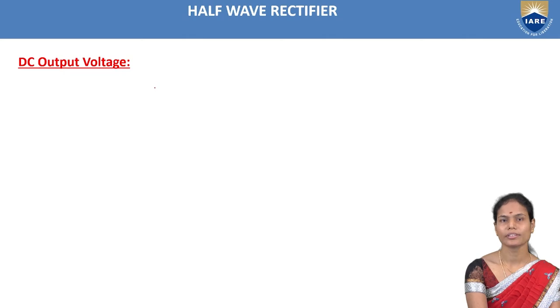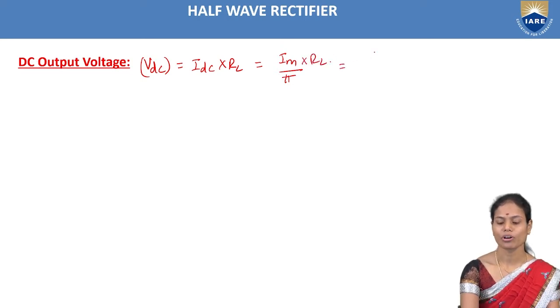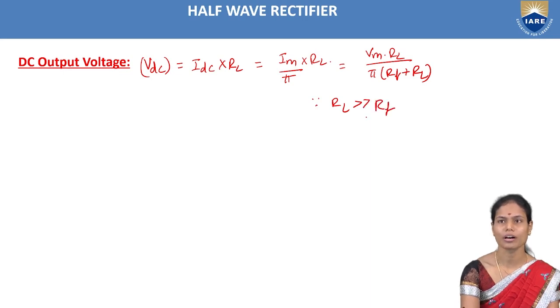To calculate DC output voltage, we are representing it as VDC, that is equal to IDC into R. And next IDC value is Im by pi into R. Substitute the value of Im, that is Vm by pi into Rf plus Rl. Here the load resistance value RL is far greater than the forward resistance of the diode RF.